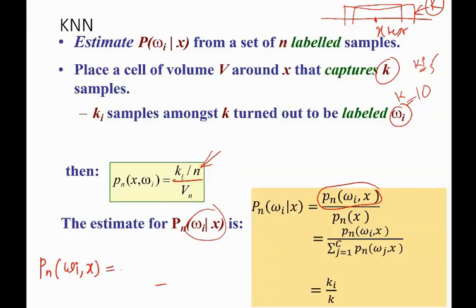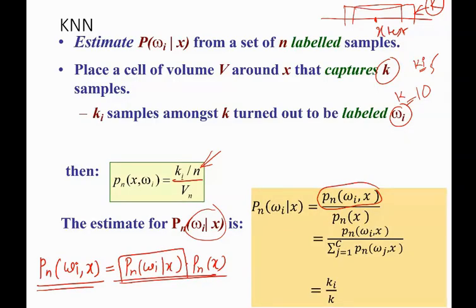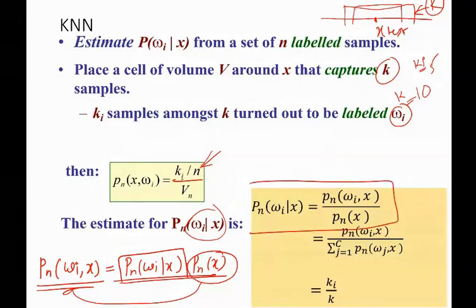This we can write using conditional probability as probability of omega I given x into probability of x. Now we are interested in this posterior, so I can take this second term and put it into the denominator. So this is the outcome of this equation.